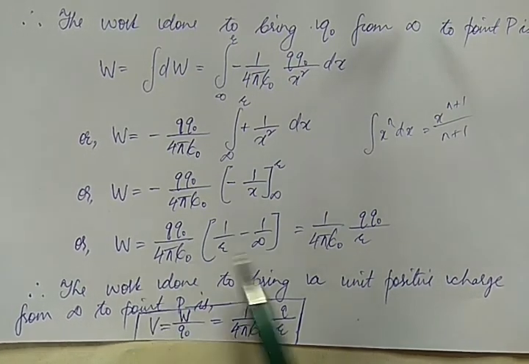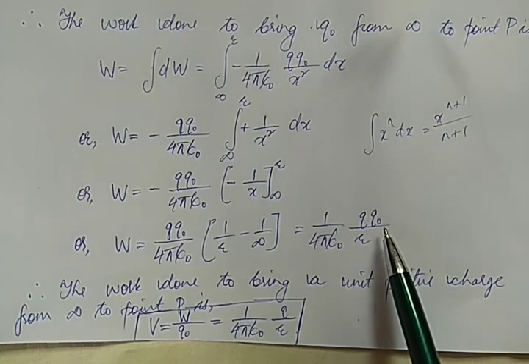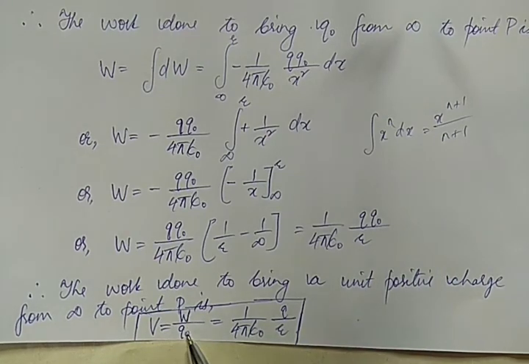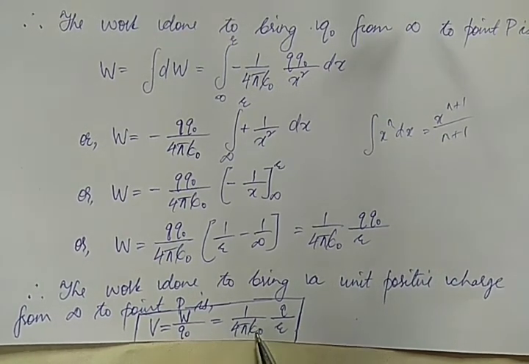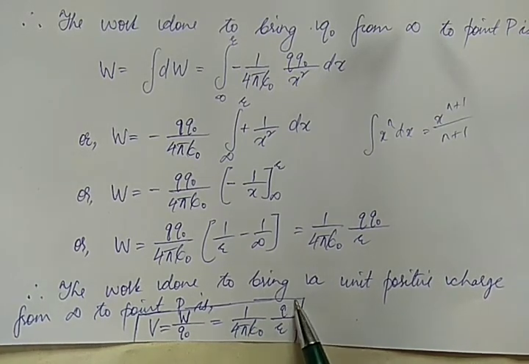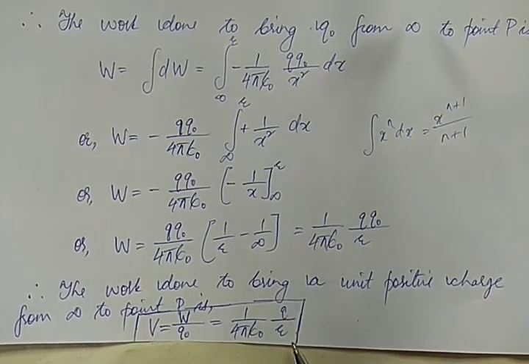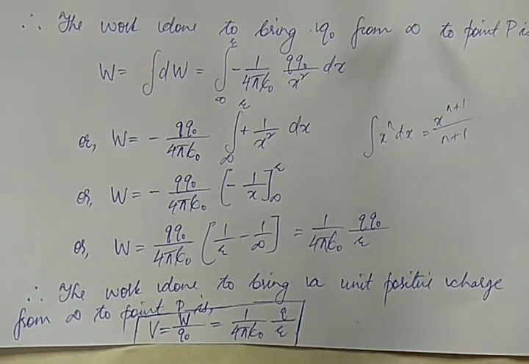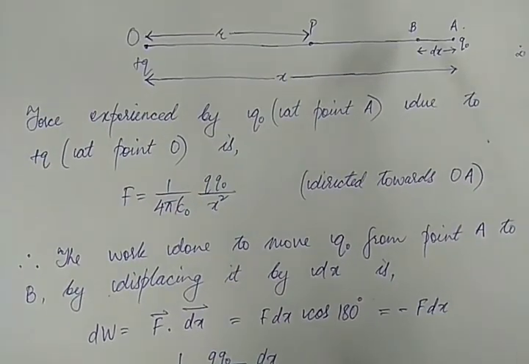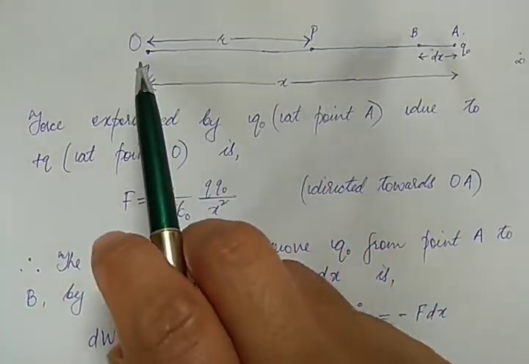W is the work done to bring charge q naught. So the work done to bring a unit positive charge is W by q naught, which is equal to 1 by 4 pi epsilon naught, q by r. And by definition, the work done to bring a unit positive charge from infinity to point P is the potential at point P due to this charge.